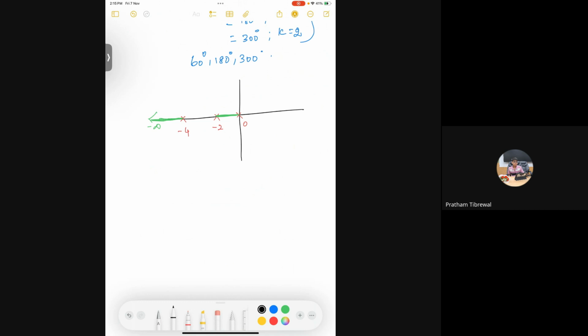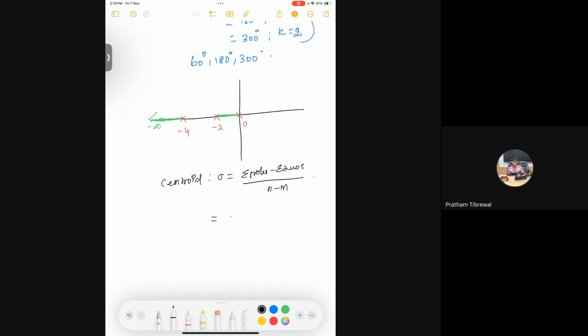The next step is to calculate the centroid. How exactly it is going to split up in the real axis will be given by this formula: centroid equals summation of poles minus summation of zeros divided by n minus m. The summation of poles is speaking about the pole location.